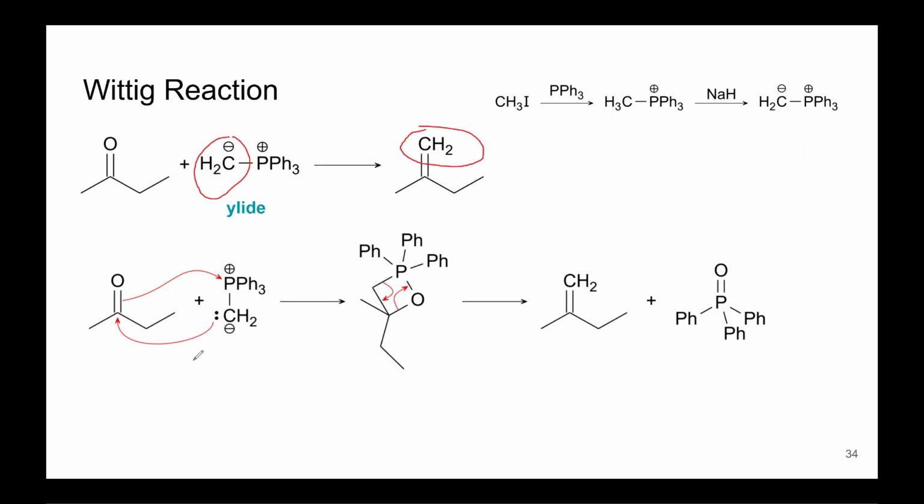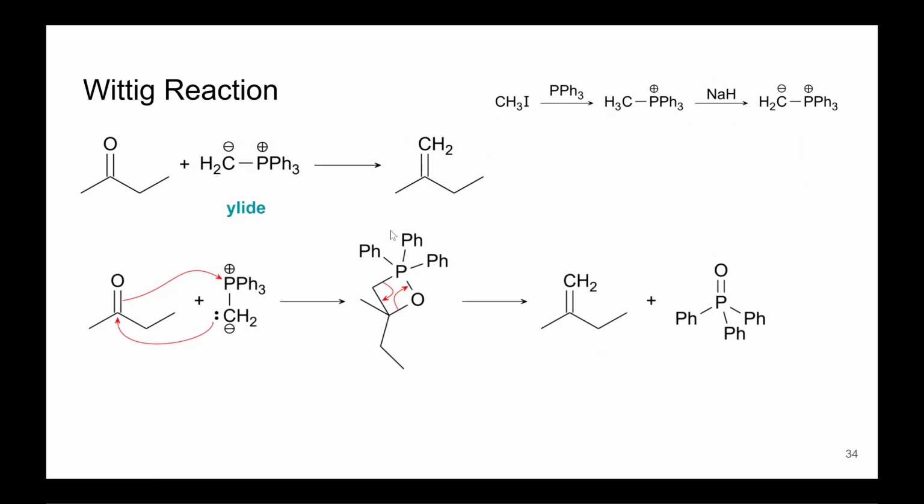The reaction mechanism is where you form an unstable four-member ring, and the four-member ring collapses. It's similar to when a tetrahedral intermediate collapses to form a good leaving group. In this case, the good leaving group is not H2O, but this compound, and that will give you your final product. You don't really need to be very concerned about the mechanism at this stage.